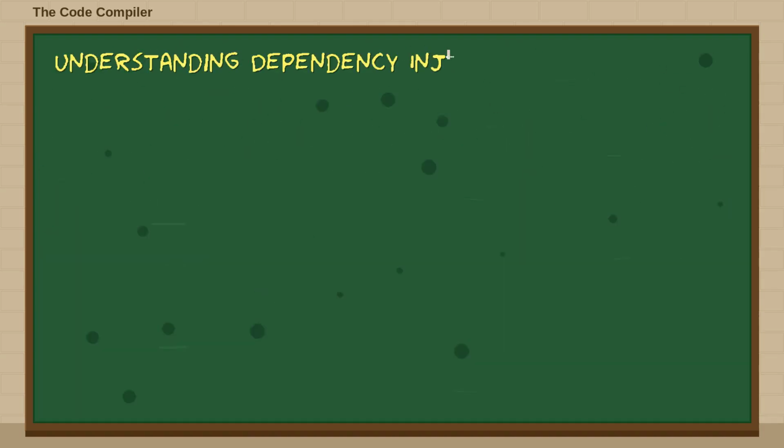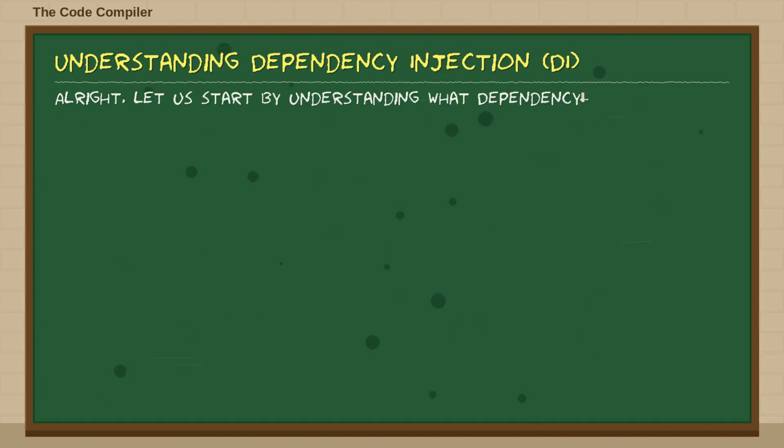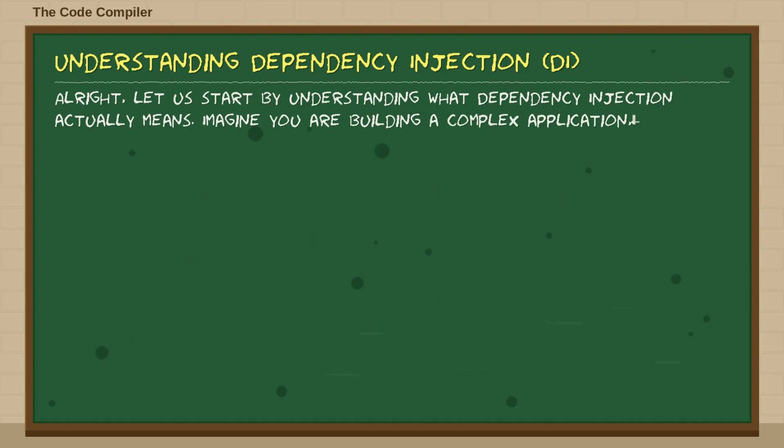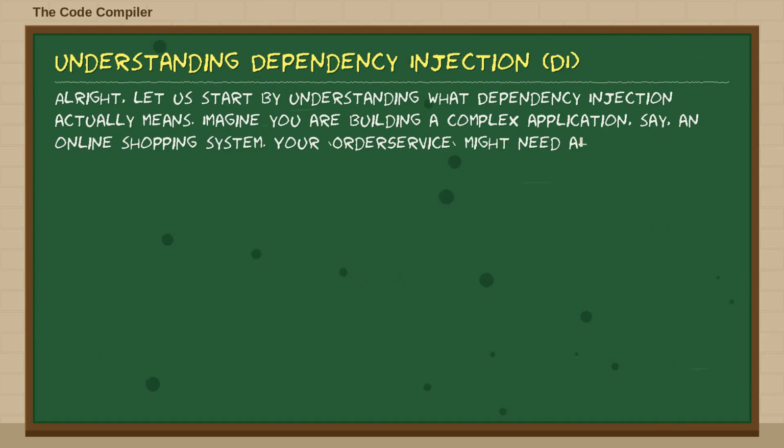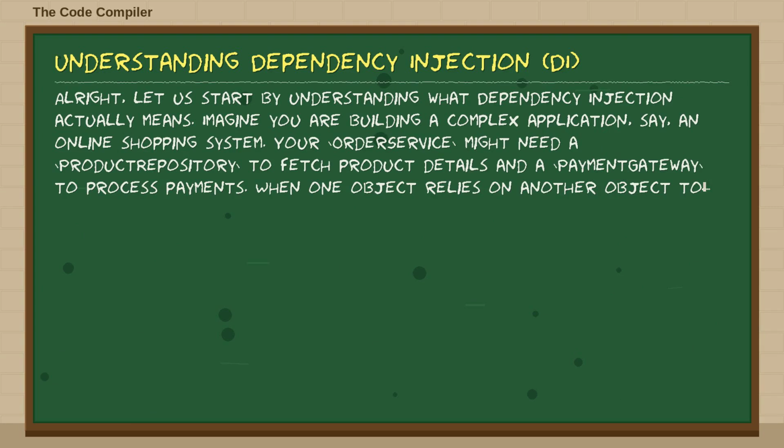Alright, let us start by understanding what dependency injection actually means. Imagine you are building a complex application, say, an online shopping system. Your order service might need a product repository to fetch product details and a payment gateway to process payments.